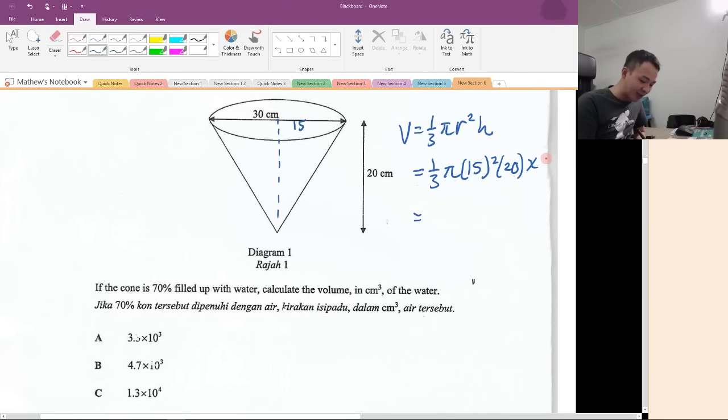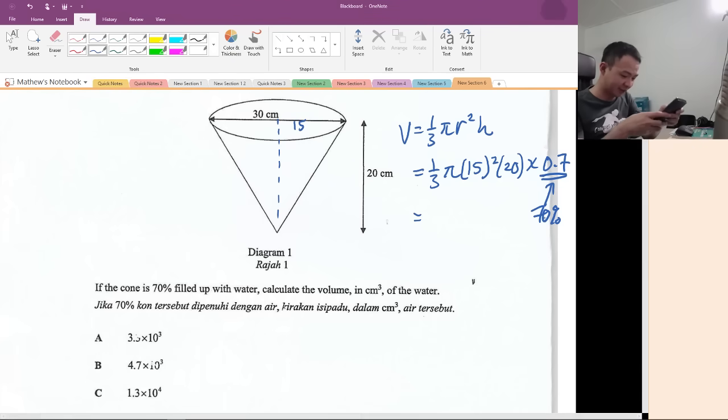I will multiply 70%, which is 0.7. Then I will straight away get the answer from here. So I will have 1 over 3 multiply pi multiply 15 squared multiply 20 multiply 0.7.